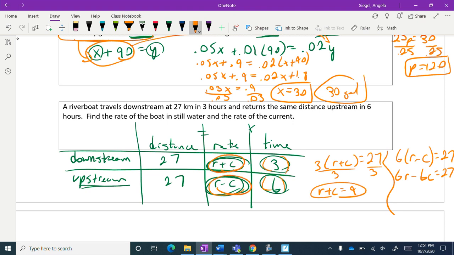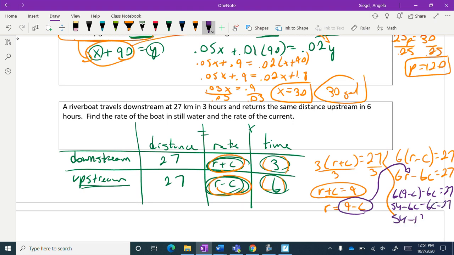And then I could come over here and maybe just solve for R. So if I solve for R, I'm going to take that and plug it in right there. So I have 6 times 9 minus C, minus 6C equals 27. So I have 54 minus 6C minus 6C equals 27.